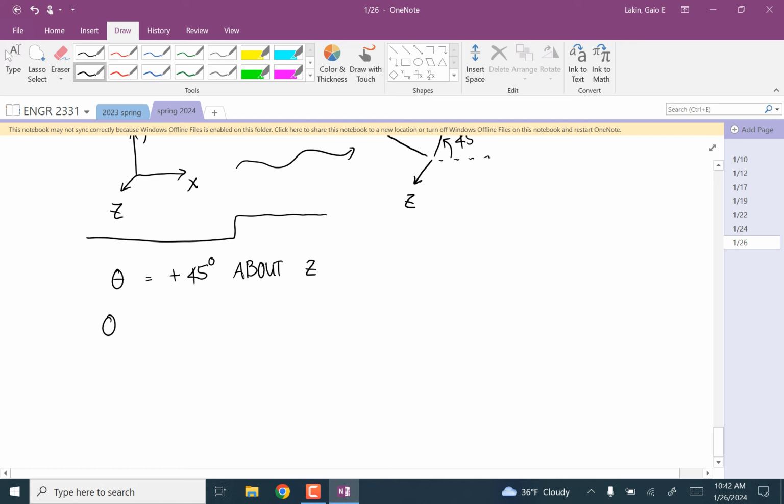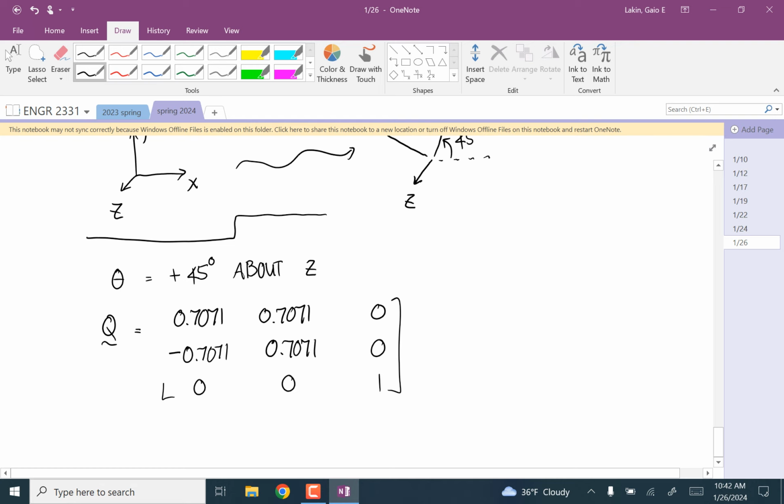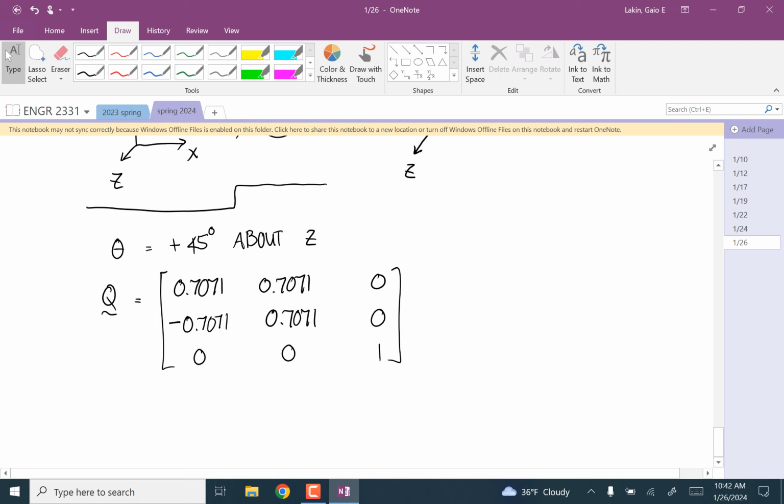And so that matrix is going to be 0.7071, 0.7071, 0; then negative 0.7071, 0.7071, 0; then 0, 0, 1.